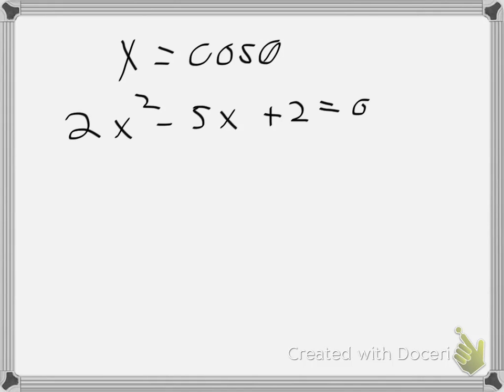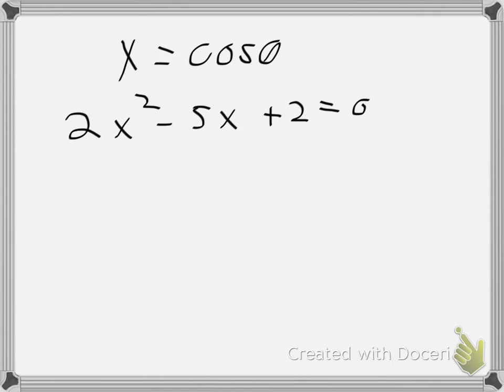Now I can solve this as I would any quadratic equation. I could use factoring, completing the square, the quadratic formula. Usually factoring is easiest, as long as we can. In this case, we certainly can.